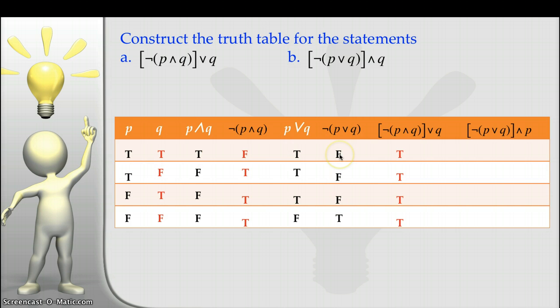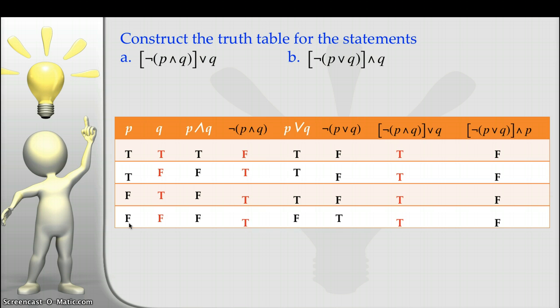So false and true is false. False and true, the same case as the first one, so this is also false. Then false and false, it's false. Then you have true and false, it's false.